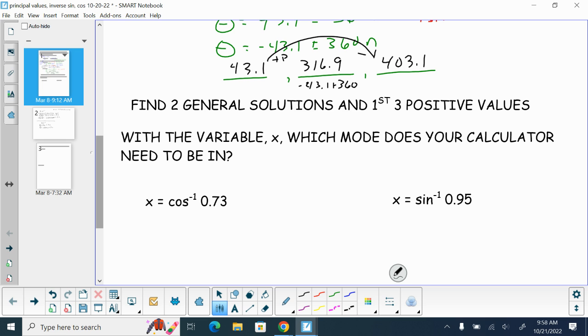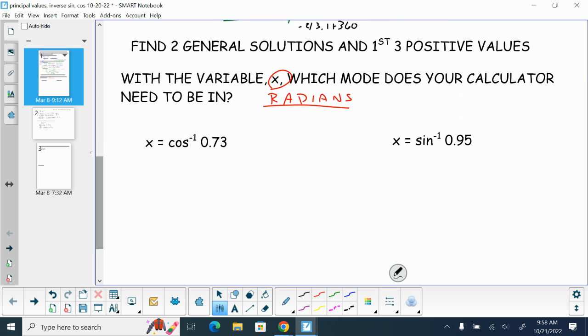Radians. When you deal with x, you're going to have to go into your radian mode. So let's put your calculator into radian mode.